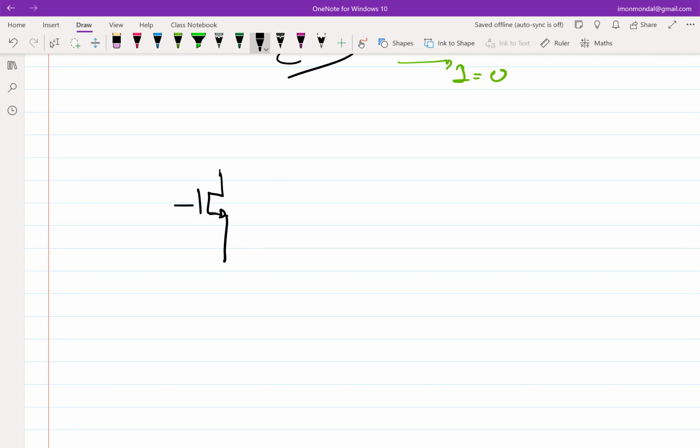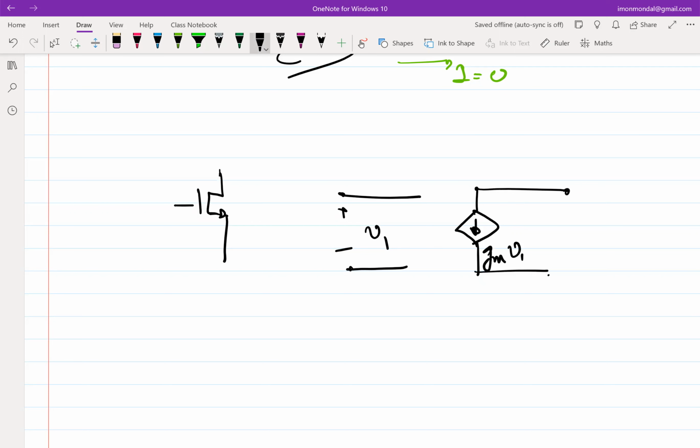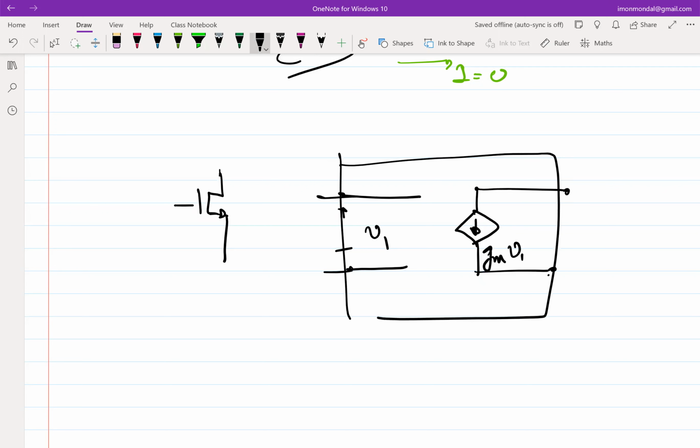So assuming that it has been biased in saturation, my small signal equivalent is, this is V1. This is Y21, which is equal to, now we'll call it GM. And this is my incremental equivalent of the MOSFET.